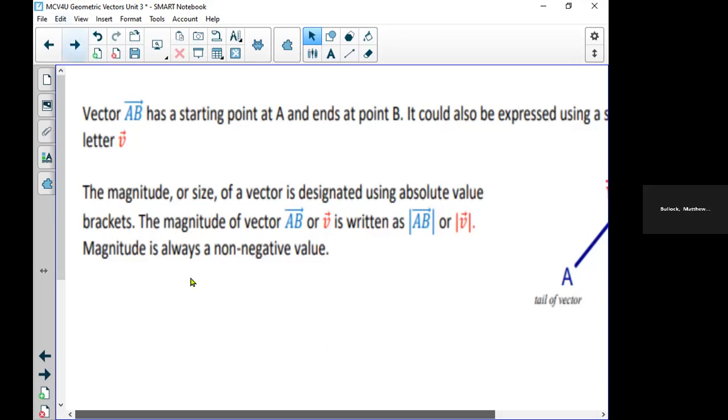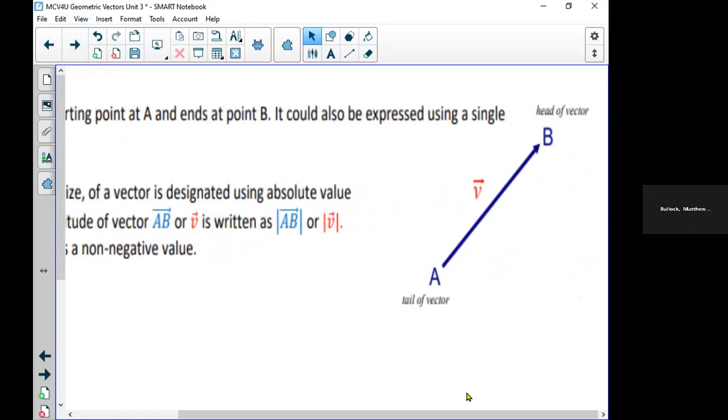Before we go to the next slide, just really quickly go over to the diagram here. This is really important. It might seem intuitive, but when we get to the vector rules, you might want to include this in your notes. The starting point of your vector is called the tail of the vector. And where you see the little arrowhead pointing to the direction, that is the head of the vector or the tip of the vector.